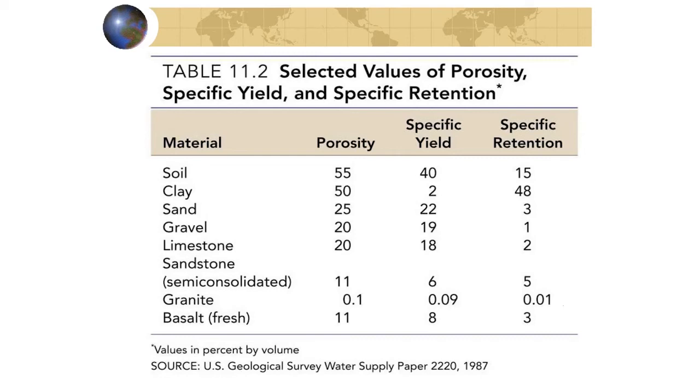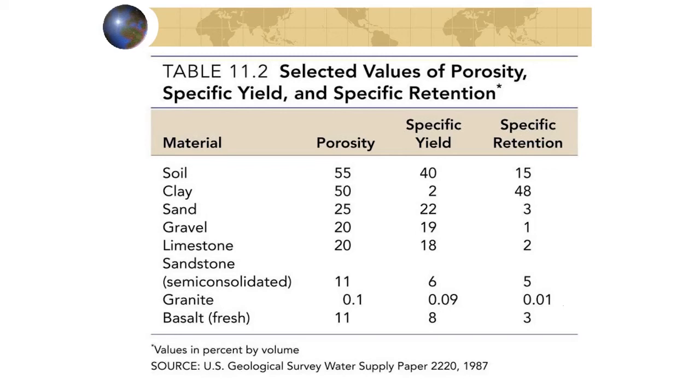Specific retention is the volume of water that will be retained by an aquifer against the force of gravity. So the volume is determined by the volume of pore spaces, because only when pore space is there can you have water in it, which can then be yielded from or retained by the aquifer.